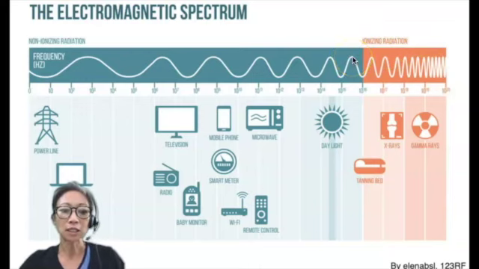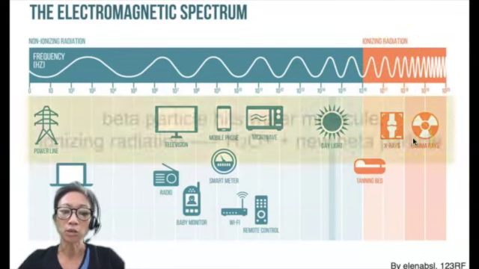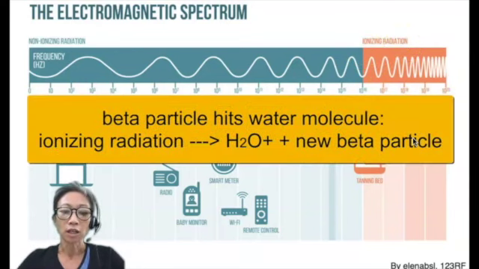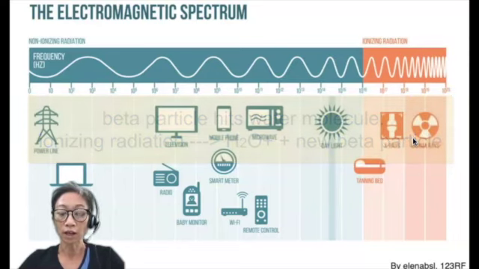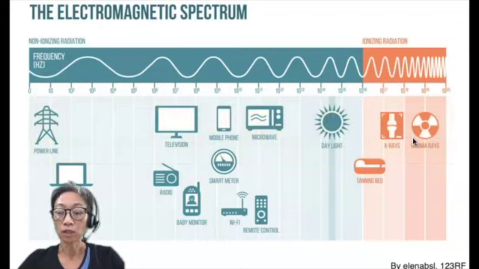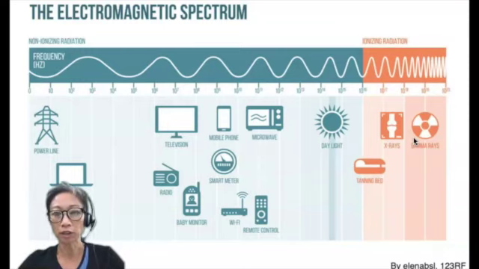What that means is that these waves of energy from UV, X-rays, and gamma rays can cause molecules to turn into ions. For instance, when a beta particle hits a water molecule, it will cause this water molecule to form a water ion and then release another beta particle. So this is similar to a chain reaction: the beta particle then released can go on and start another reaction.